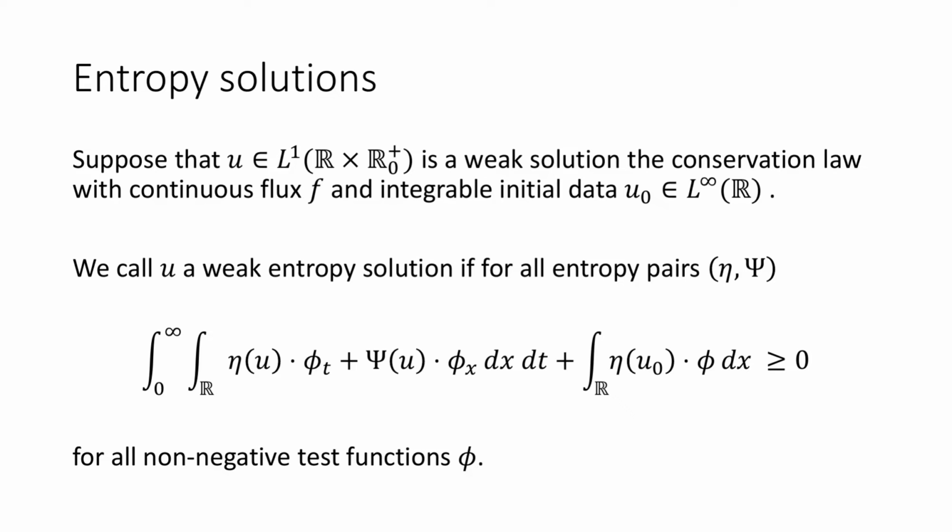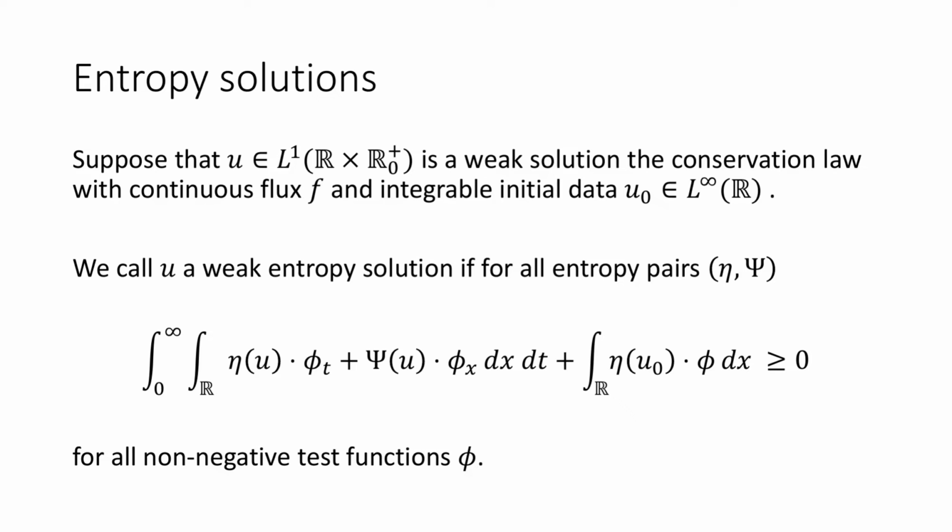The integral from 0 to infinity in time of the integral over the real line in x of eta of u times time derivative of phi plus psi of u times x derivative of phi dx dt, plus the integral over the real line in x of eta of u naught times phi dx, is greater or equal to 0 for all non-negative test functions phi.